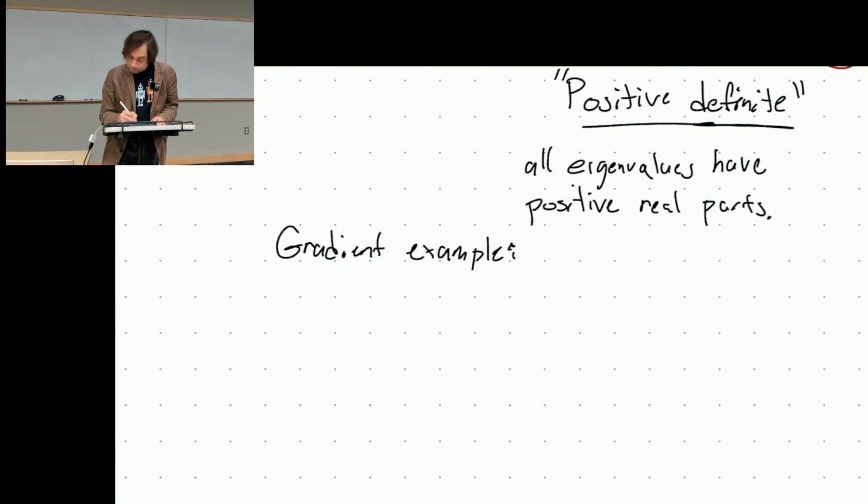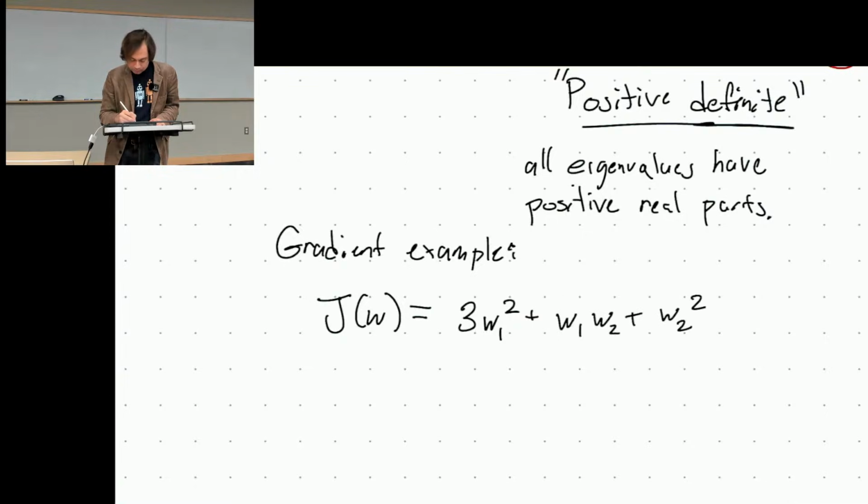Let's say our cost function J of W, it would never actually be this, but this is a simplified one that we can write out, is 3W1 squared plus W1 W2 plus W2 squared. The question is, what is the gradient of J of W?